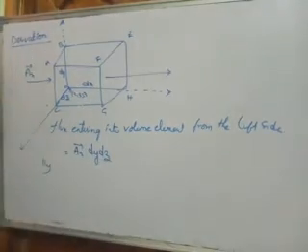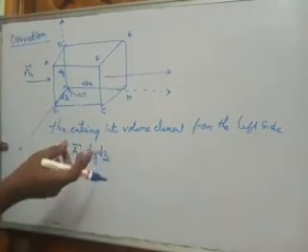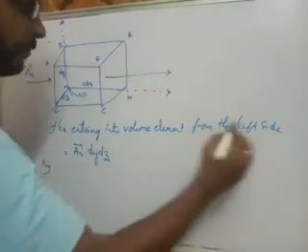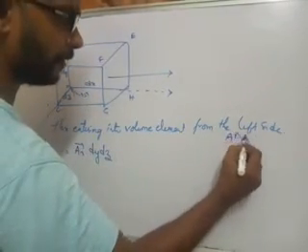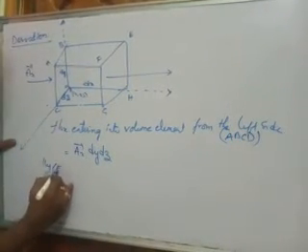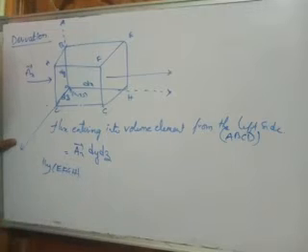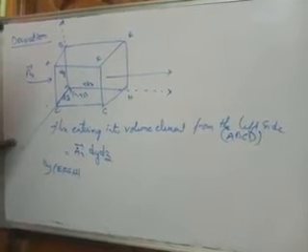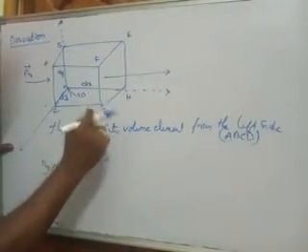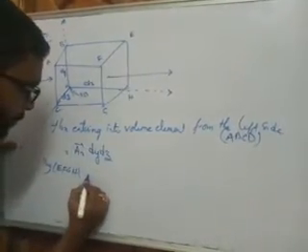So anyway, now the flux coming out from this second plane, here you have to assume the ABCD plane. Here you have to take the EFGH plane.